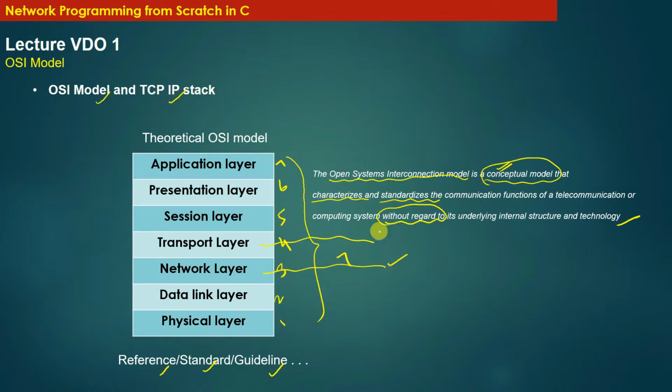This is the meaning of the last line of the definition, that the OSI model does not mention the underlying internal structure and technology. It just says that if you are implementing your own network stack, then your network stack is expected to implement the following layers in the following sequence, but it is up to you how you implement them.